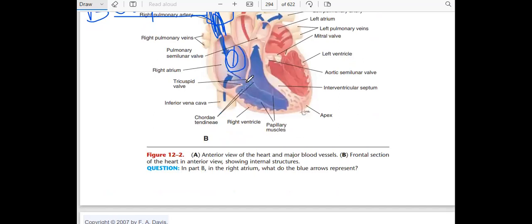From there it reaches the right ventricle with the help of this valve.